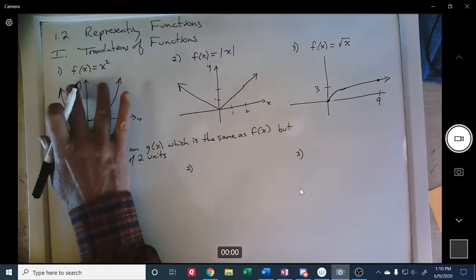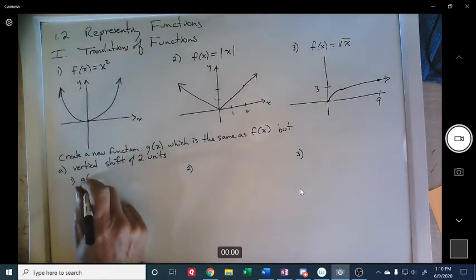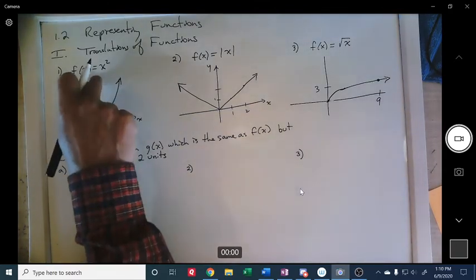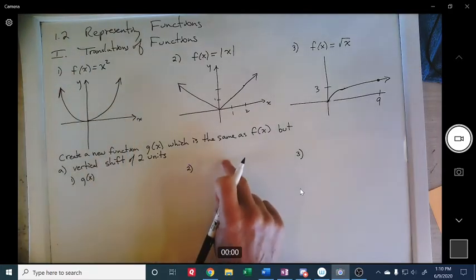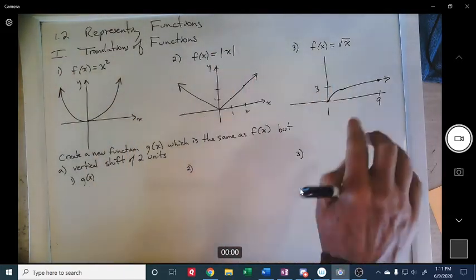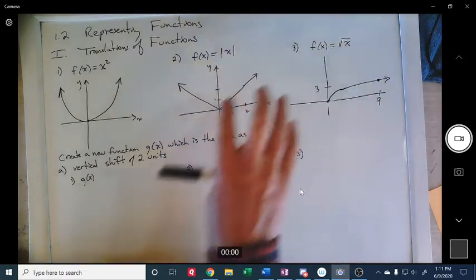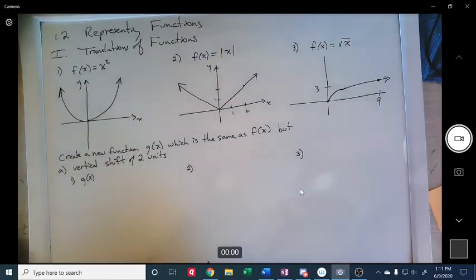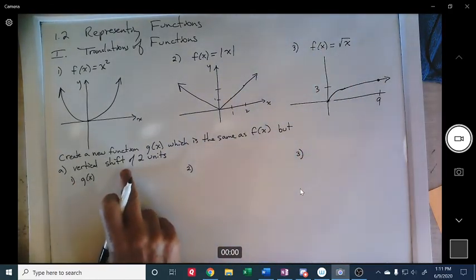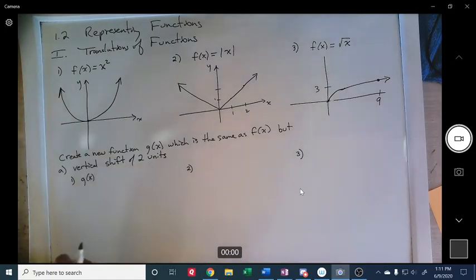Write the new function g of x, which is the same as this one, same as this one, same as this one, but each one of these has been vertically shifted 2 units. And let me give you a quick minute for that.